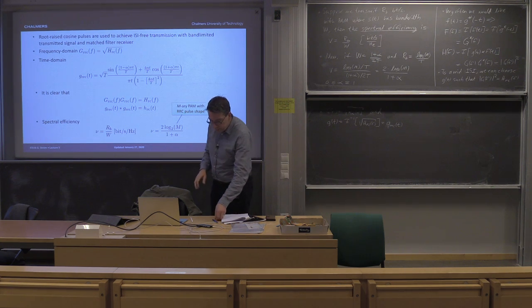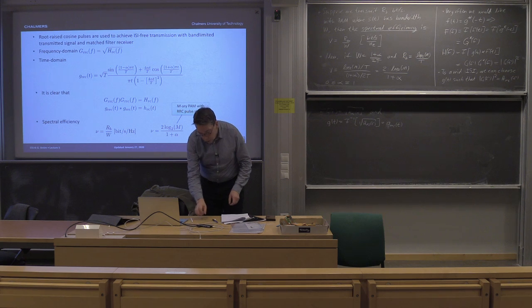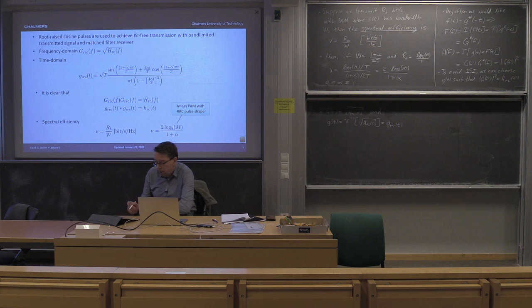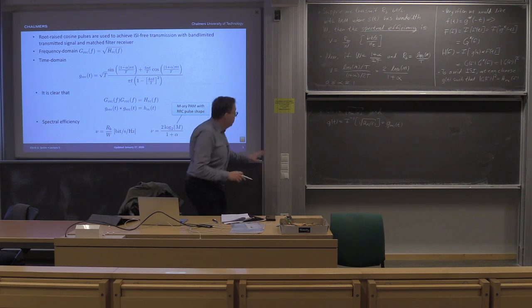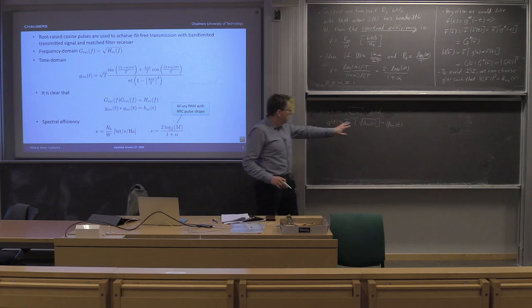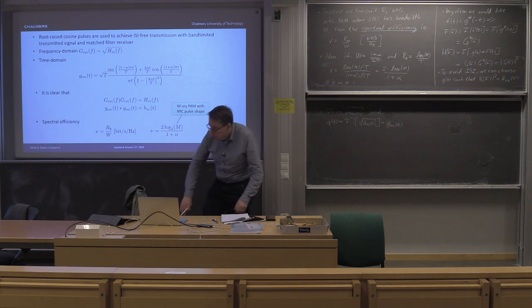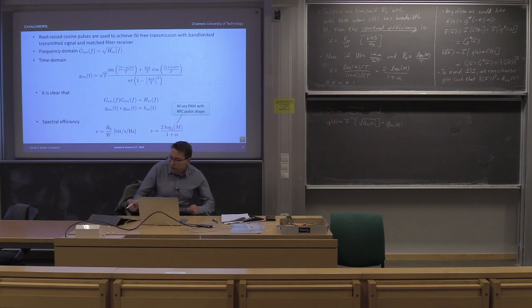So what we have now is that we basically just take the raised cosine spectrum, take the square root of that and inverse transform it. I won't go through the motions of doing that, somebody else has done it for us, and we get the following pulse in the time domain, like this.